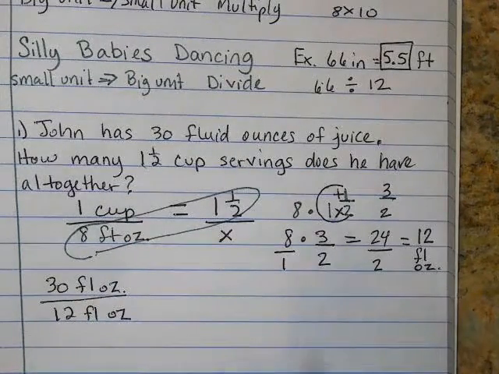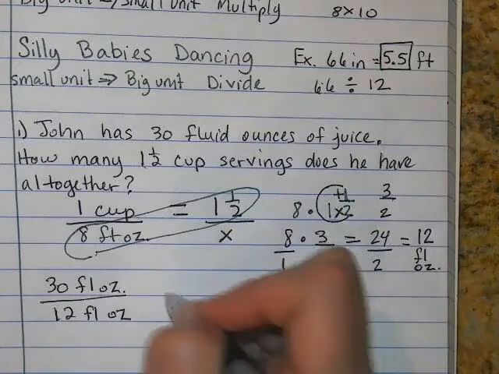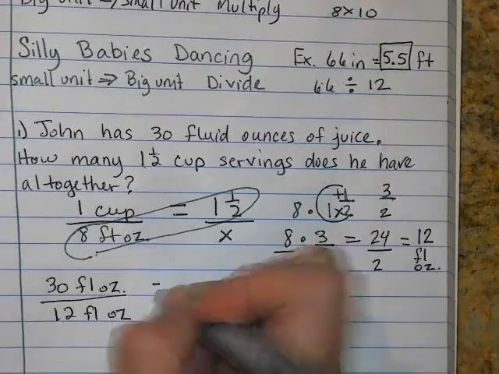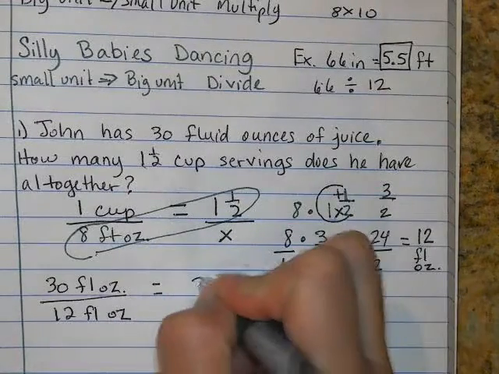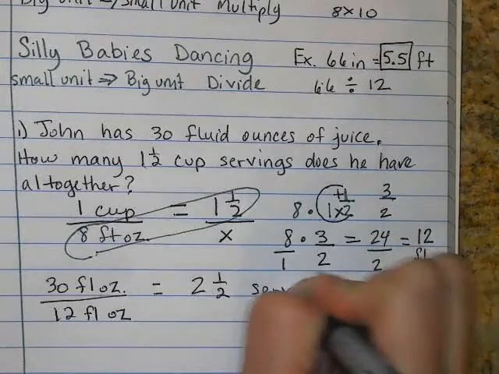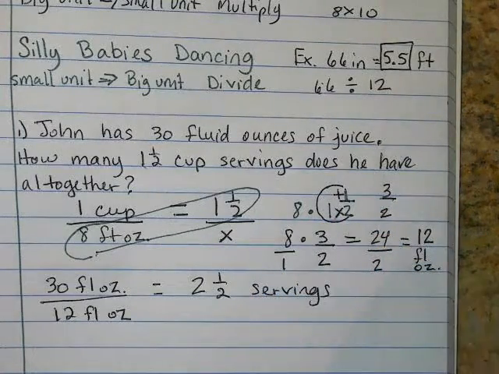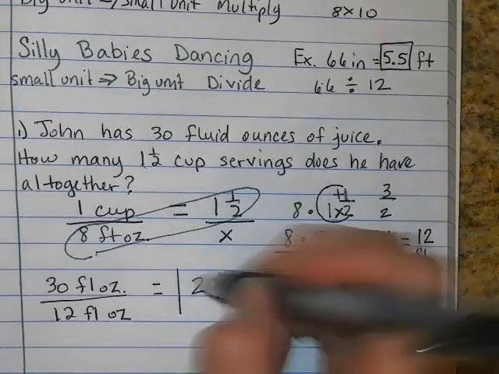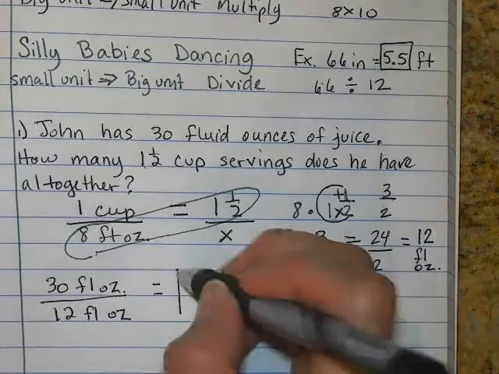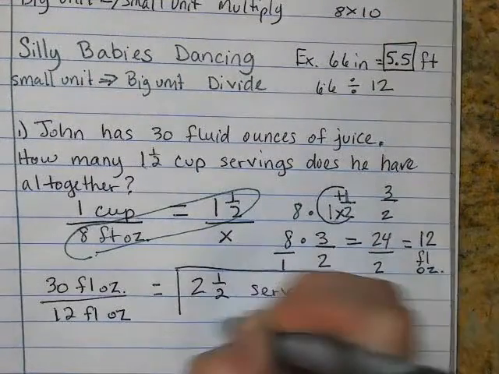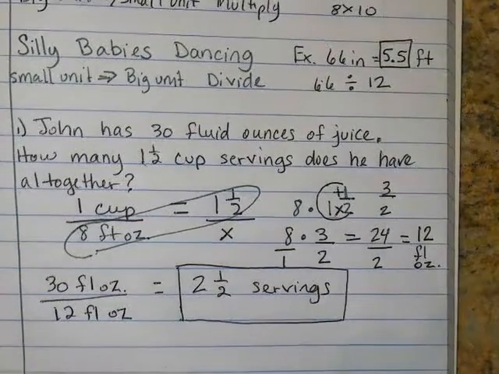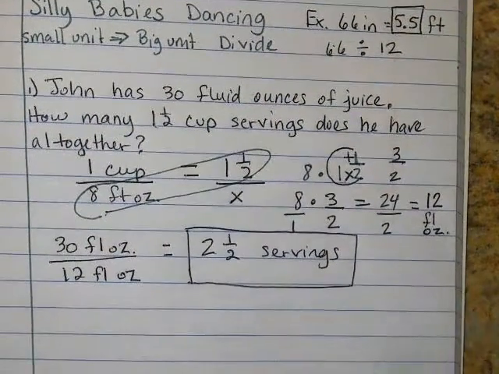Okay, so now you can divide that out, and you have 2.5 servings. And that's what they were looking for. How many 1.5 cup servings does he have altogether? So he has 2.5 servings.